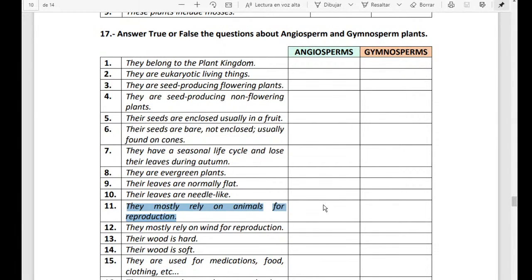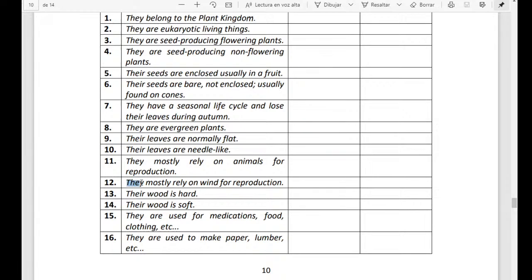This is true for angiosperms and it's true as well for gymnosperms. Both. Angiosperms need bees, for example, insects, and gymnosperms the same. So number 11 is true for both of them. Let's go to the next sentence.